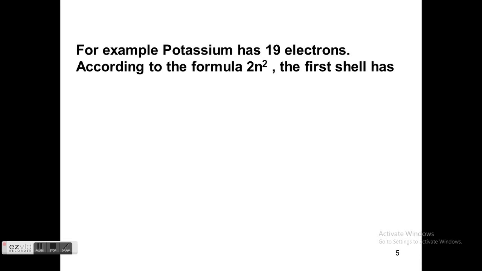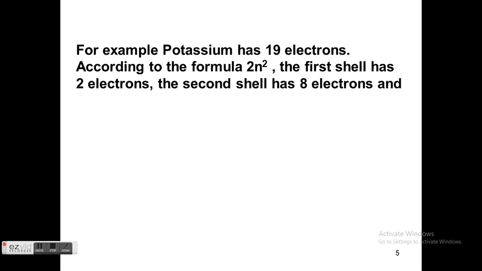To make you understand, let me explain the arrangement of electrons in the element potassium. Potassium has 19 electrons. According to the formula 2n square, the first shell will have 2 electrons. The second shell will have 8 electrons.